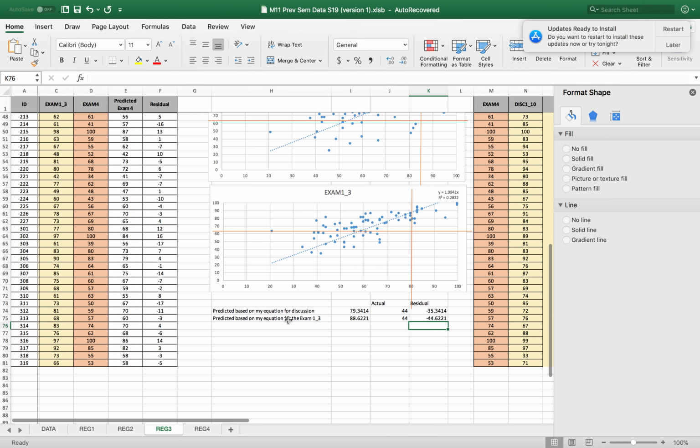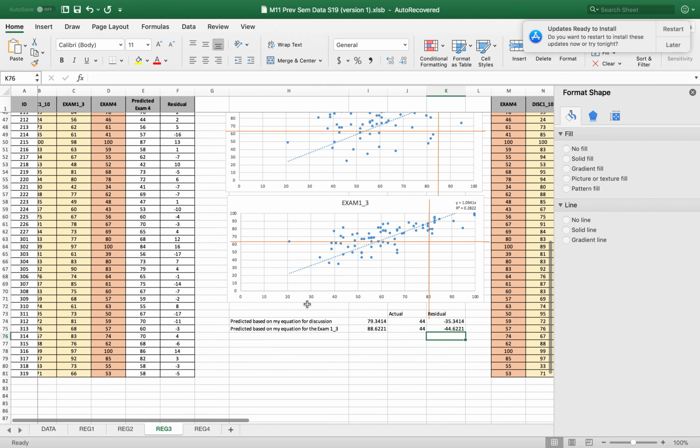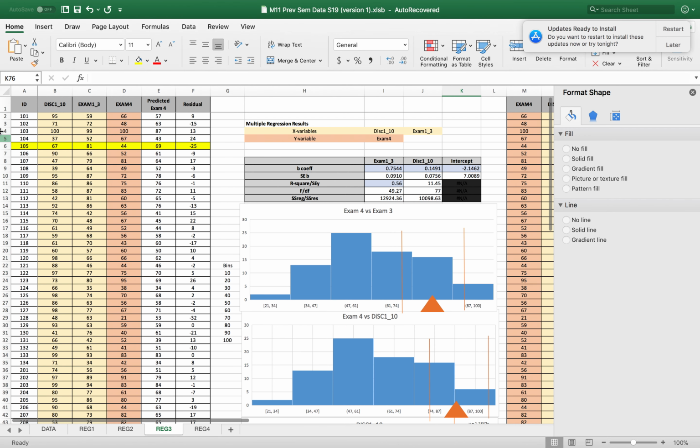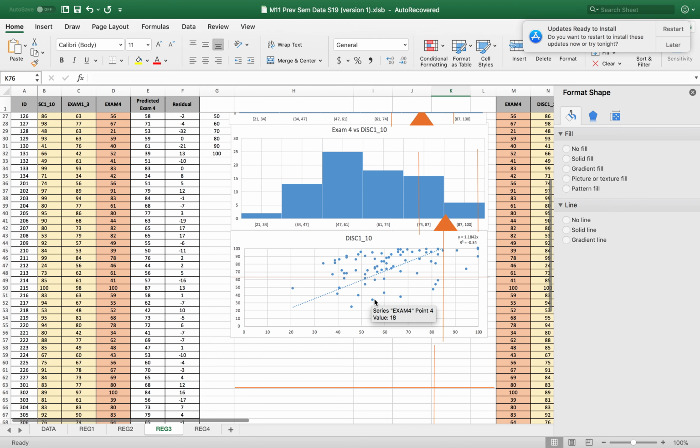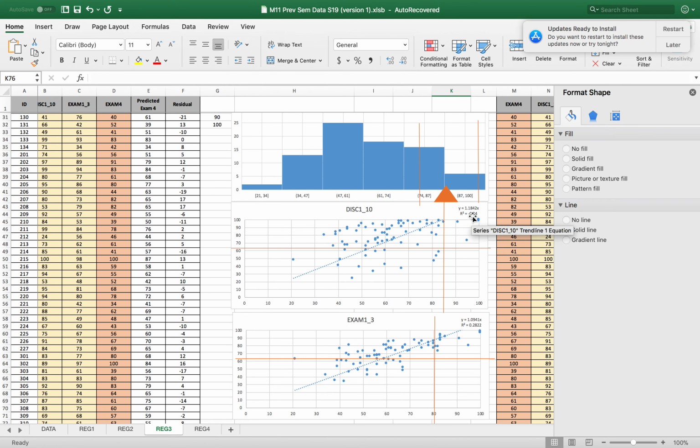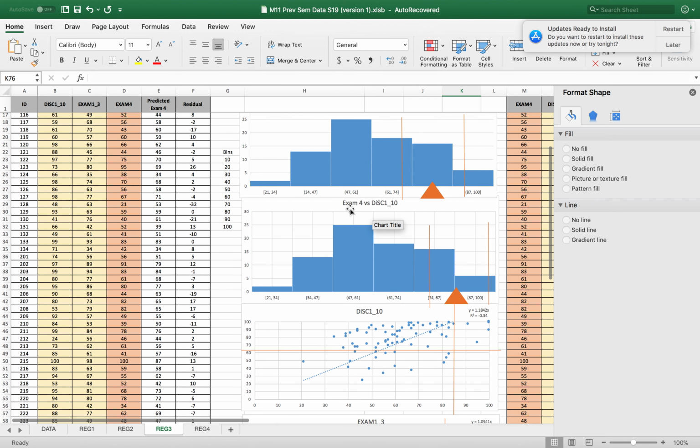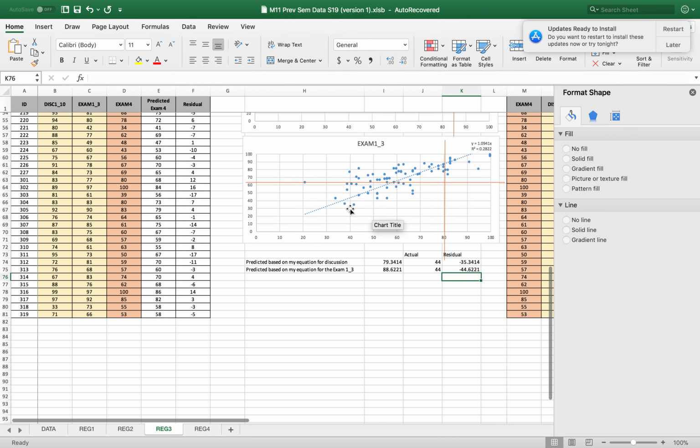I did the predicted based on my equation for the discussion, which was 79.3414. I went to the discussion and saw that there's a 67, and then I went down to my equation right here and did 1.1842 times x, which is 67, and that's when I got this 79.3414.